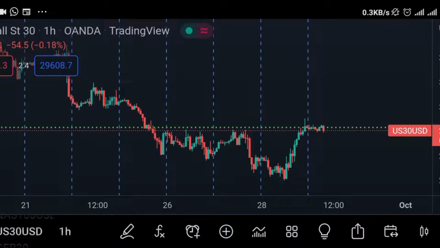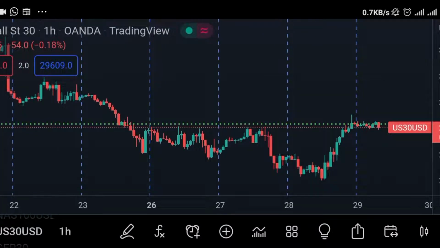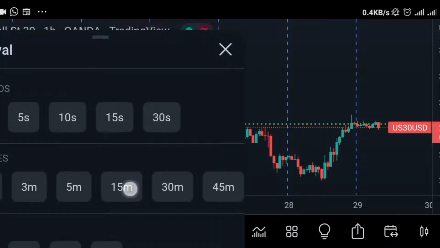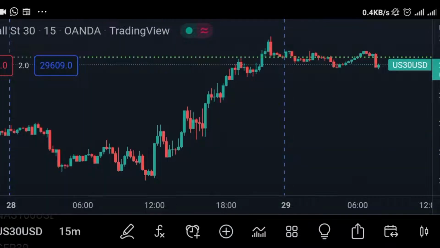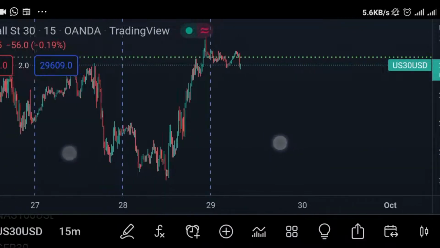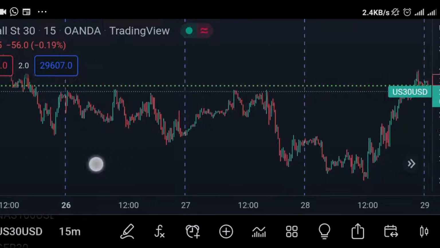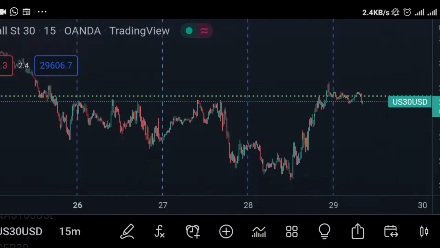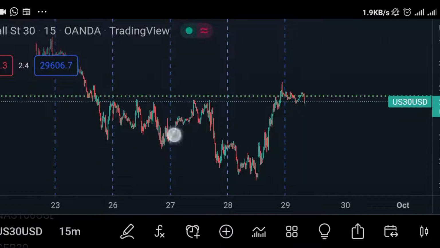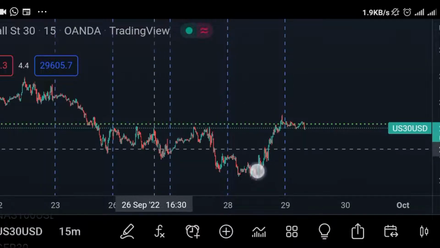In this case, yesterday's scenario was different. Price didn't continue with the current trend. Let's quickly jump to our 15-minute time frame. On yesterday's data, we could already tell that there was a consolidation.